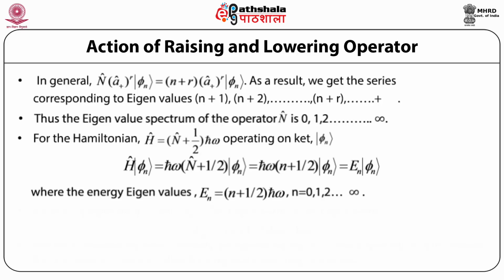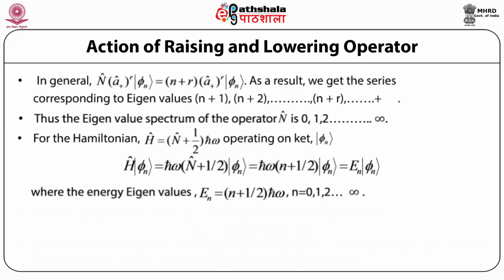Thus, from the above relation, if the Hamiltonian operator acts on the eigenvector phi n, we get finally h cross omega times within brackets the number operator plus half acting on the eigenvector phi n, and this in turn gives us h cross omega times within brackets n plus half whole times the eigenvector phi n.